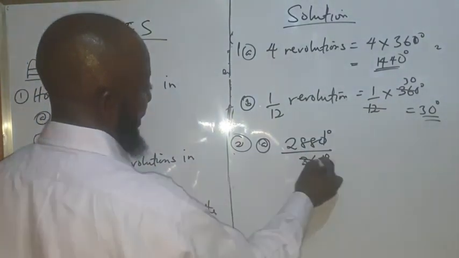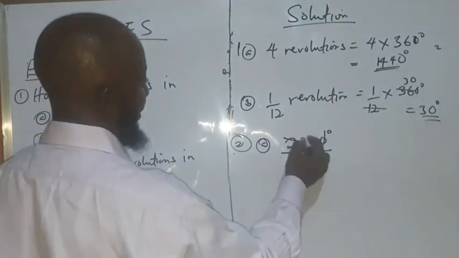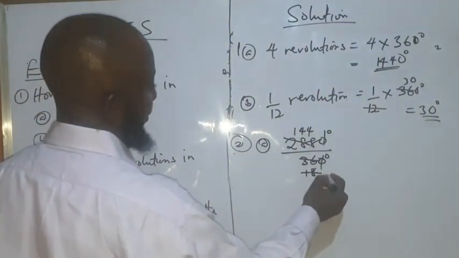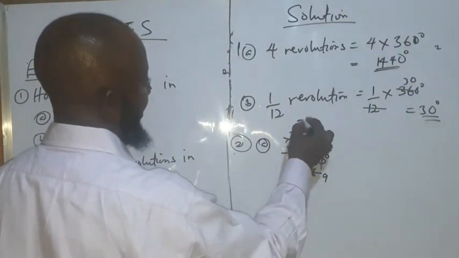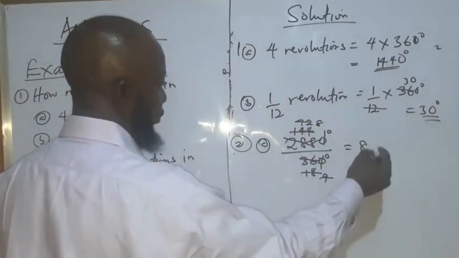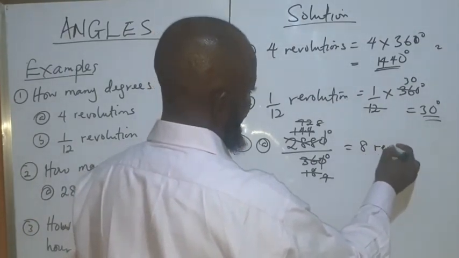Alright? 2 can go here, 18. 2 can go here, 144. 2 can go here, that is 9. 2 can go here, 72. 9 here 1, 9 here 8. That is going to be 8 revolutions. How about with you? 8 revolutions.